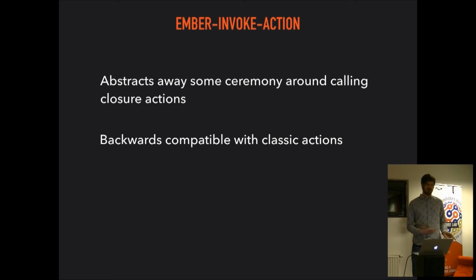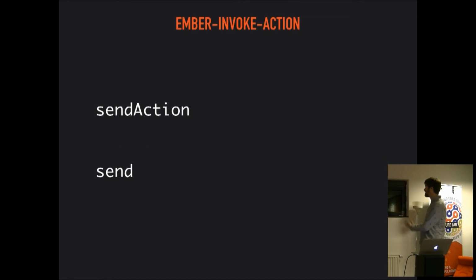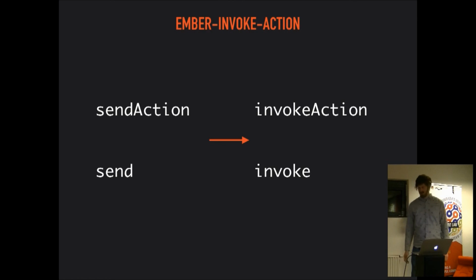So it's more popular with add-on maintainers, so they don't have to think about classic actions and new actions when they make a public component, than with people that write actual apps. What I did was, I thought, well, there's sendAction and send, and I made analogs called invokeAction and invoke that do the same thing, but in the closure action way.